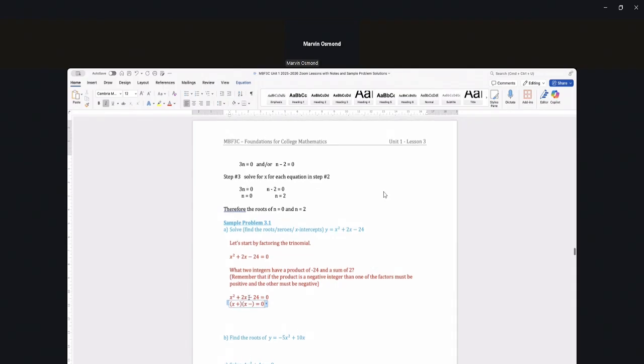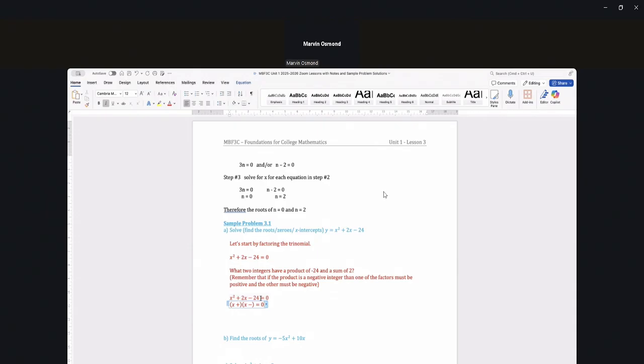So -24, when we multiply, so we can go 24 times 1. Well, I can't get a +2 when I add or subtract those two numbers. 12 times 2 won't work. 8 times 3, I can't get 2 when I add or subtract. 6 times 4.